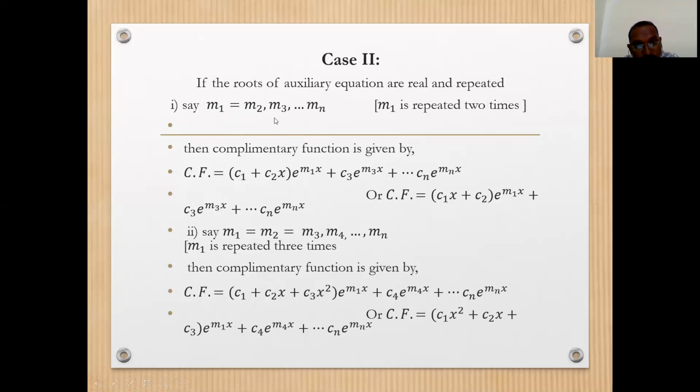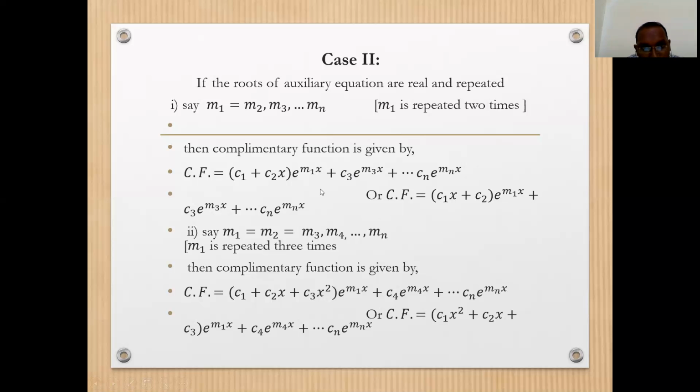The remaining roots, m3, m4, m5 up to mn, are all distinct roots. For these distinct roots, we take the next constants. Here c1, c2 we have used, so next is c3 e raised to m3x plus c4 e raised to m4x and so on plus cn e raised to mnx.